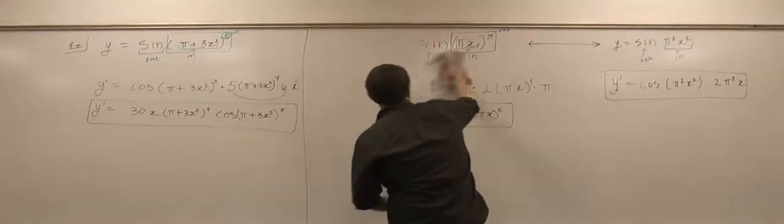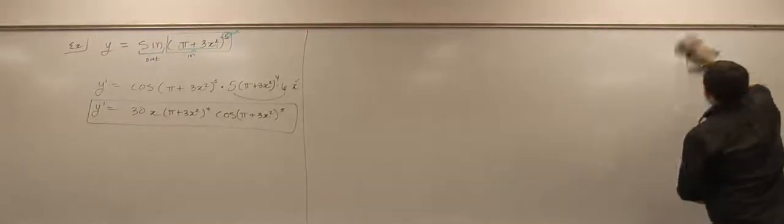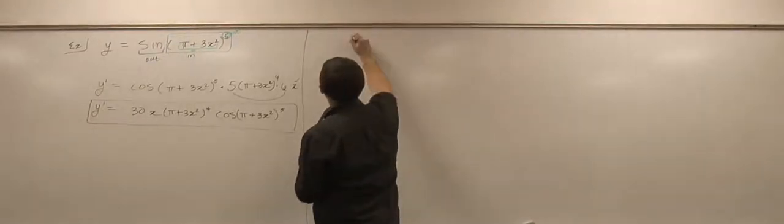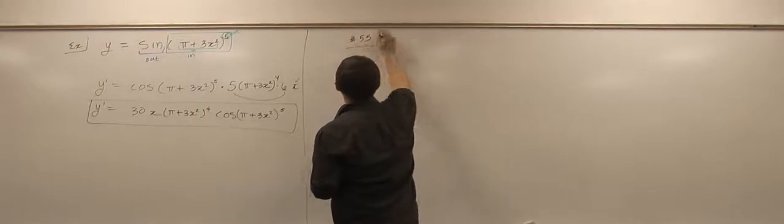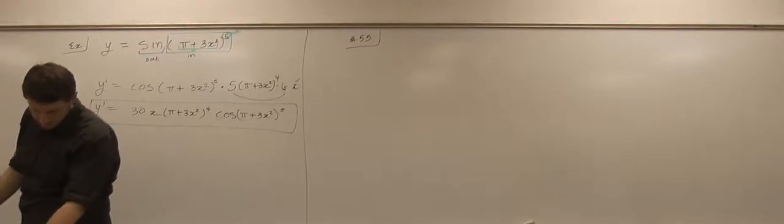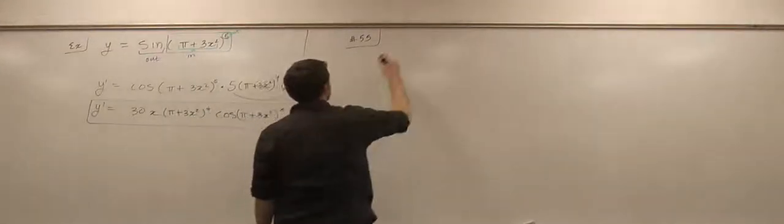Look at number 55. So f of theta equals tan squared of 5 theta.